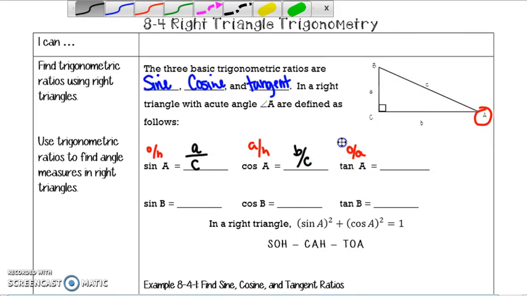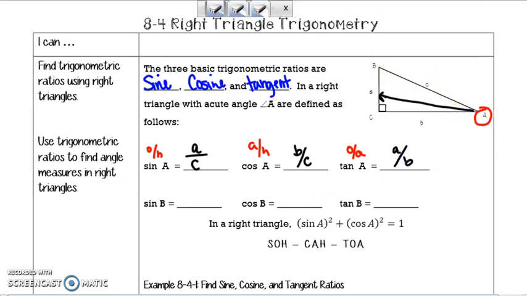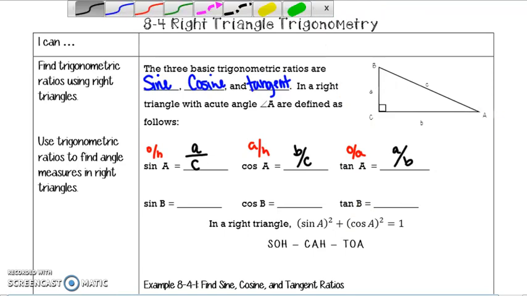And then tangent is TOA, and from angle A, we want to go opposite, so little a, over adjacent, so b. Again, it is not c because c is the hypotenuse. Now we can go ahead and do it from a different angle as well.